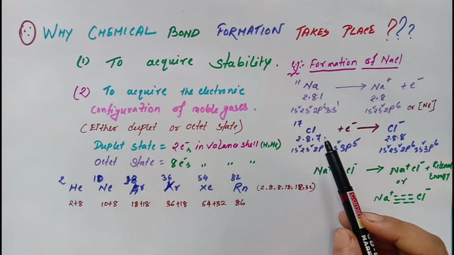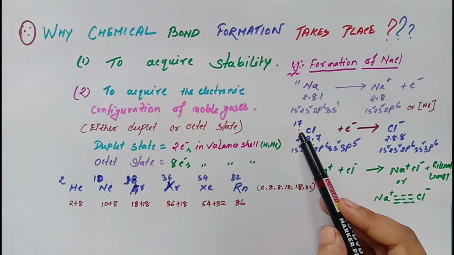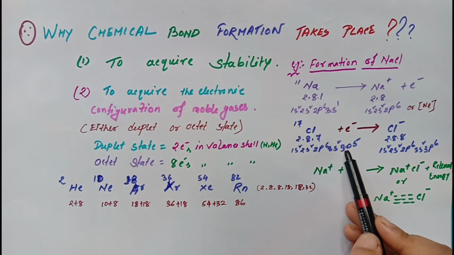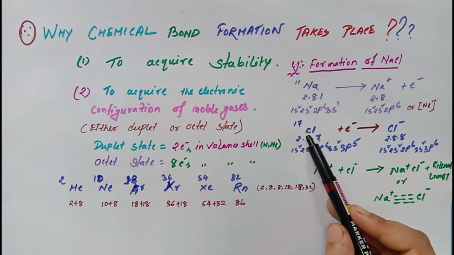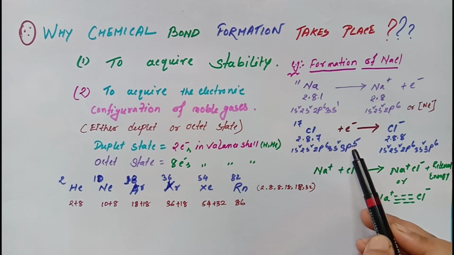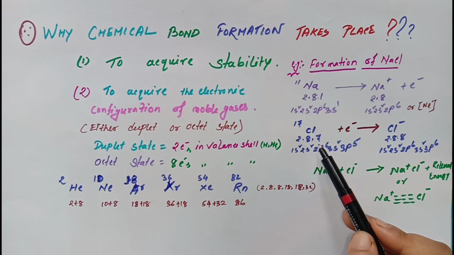Similarly, you can see in the case of chlorine that chlorine has atomic number 17 and its valence shell has 7 electrons, that is 3s2 3p5. Now chlorine is unstable. So to maintain its stability, it will try to get the nearest noble gas electronic configuration. And what is the nearest noble gas of chlorine?